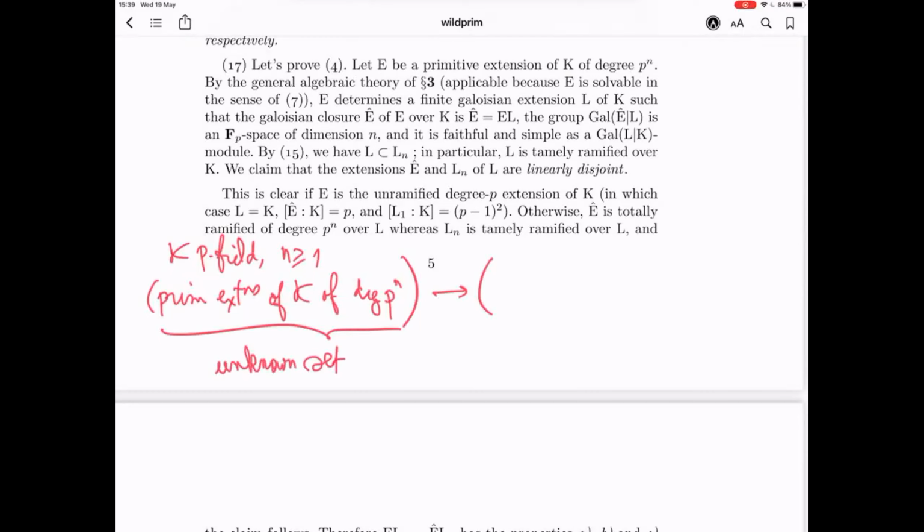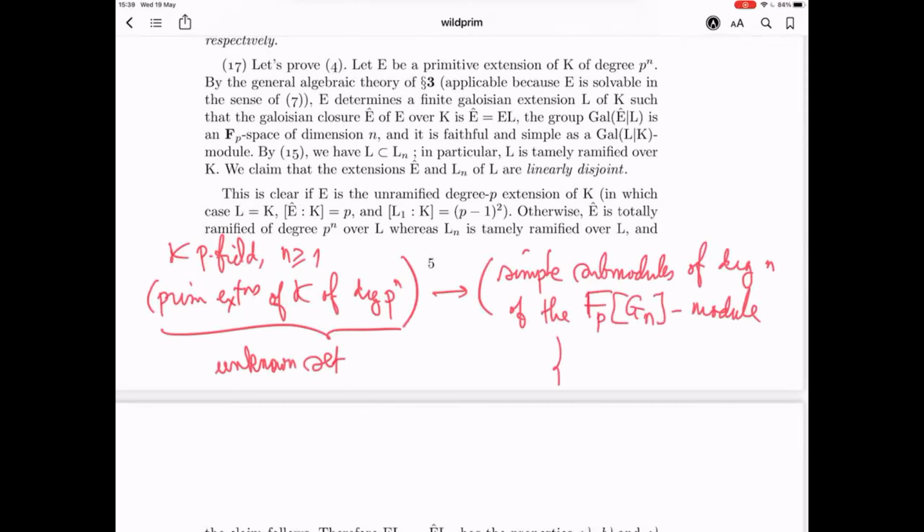And the other thing was simple submodules of degree n of the FP Gn modules.